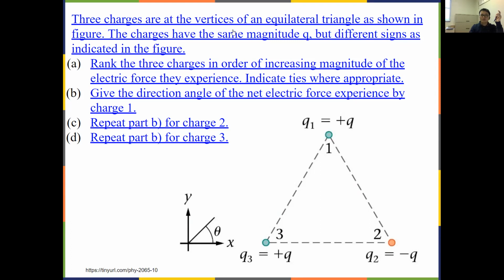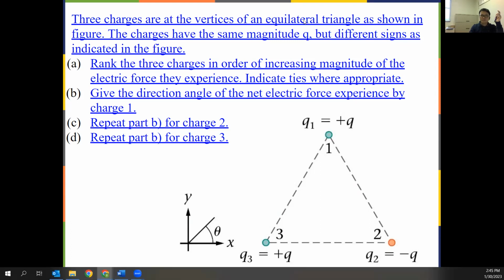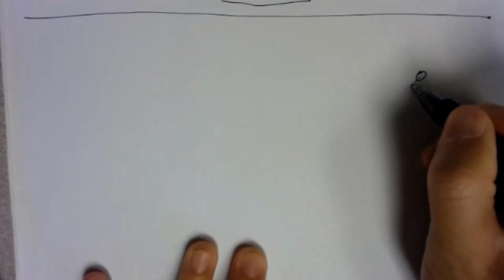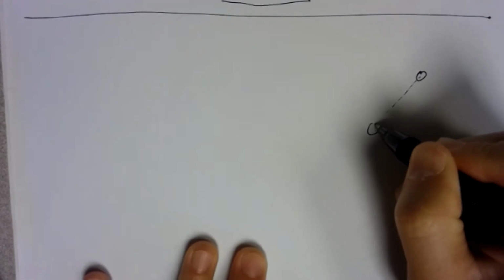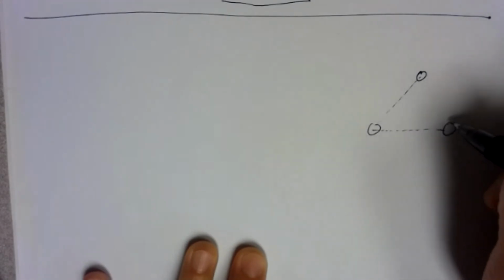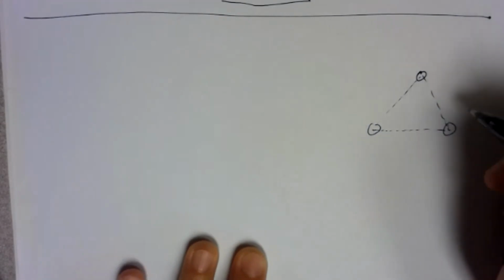Okay, so let's take a look here. Let me quickly sketch the equilateral triangle. That's number 1. This guy is number 3. And with this one being number 2 down here.